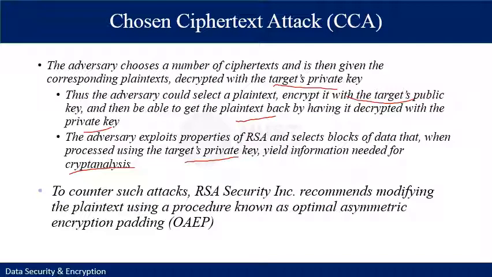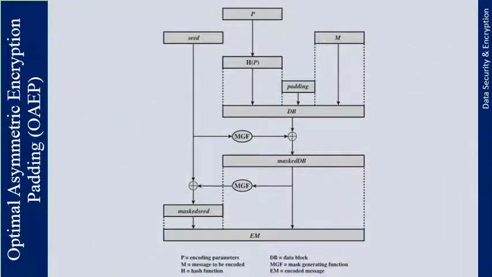To counter such an attack, RSA Security Incorporated recommends modifying the plaintext using a procedure known as optimal asymmetric encryption padding. This figure shows the optimal asymmetric encryption padding scheme.